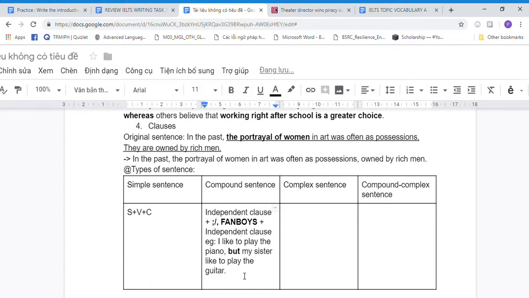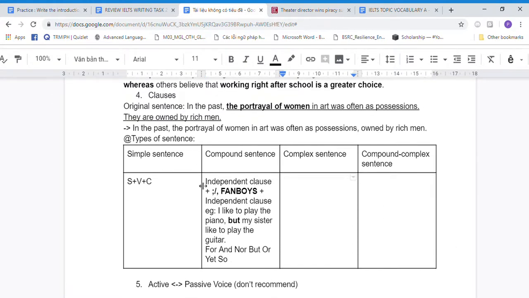FANBOYS: F stands for for, A stands for and, N stands for nor, B stands for but, O stands for or, Y stands for yet, S stands for so. It's really easy. The simple sentence is really easy, so I'll just go through it and jump right into the compound sentence.